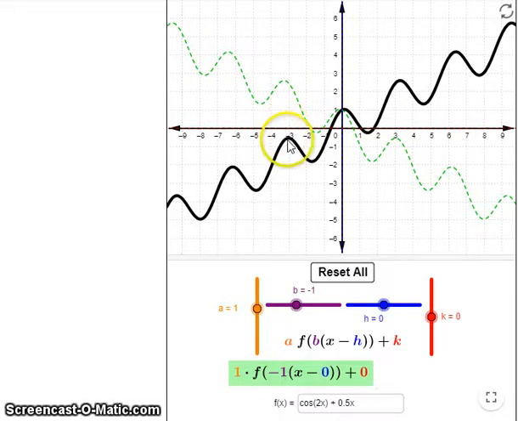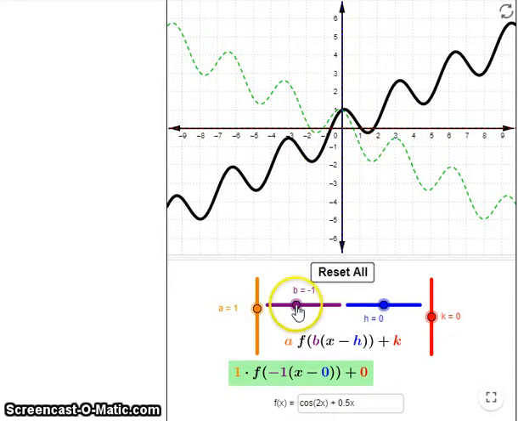So we take our x value, which is 3 more or less, plug it in and multiply it by negative 1, and that gives us negative 3. So when we want to plot the value here at 3 on our green function, we're actually going to go over to negative 3 to get our y value, bring that back over and plot it at 3.